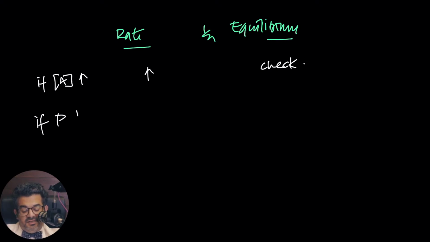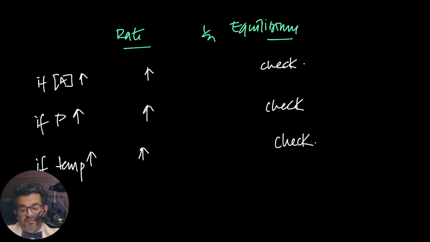If pressure is increased, rate will increase, check the equilibrium, because you apply Le Chatelier's principle. And if temperature is increased, rate is increased, but you got to check for equilibrium. And if catalyst is added, then the rate will increase, but no change in equilibrium.